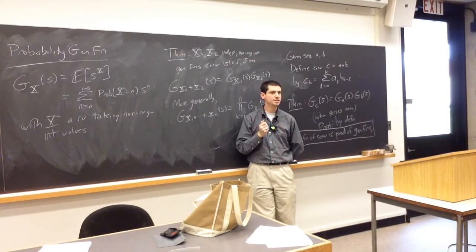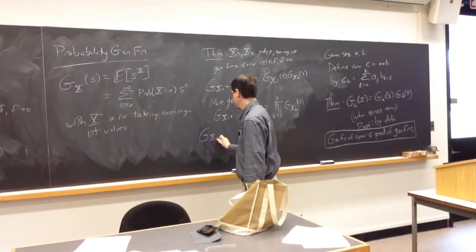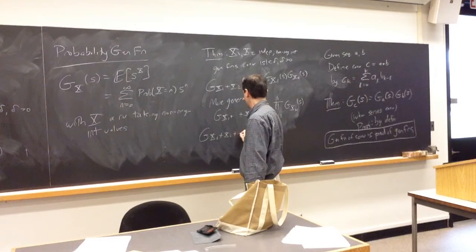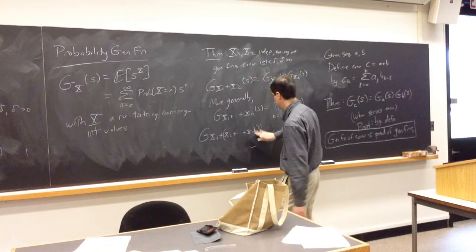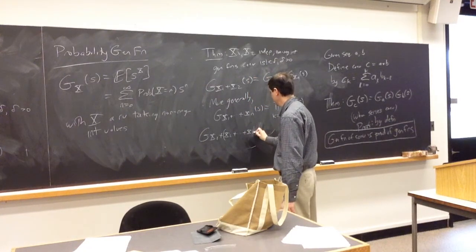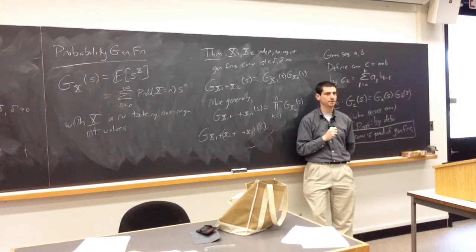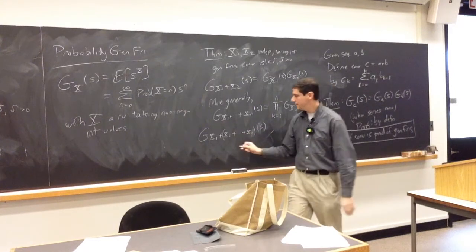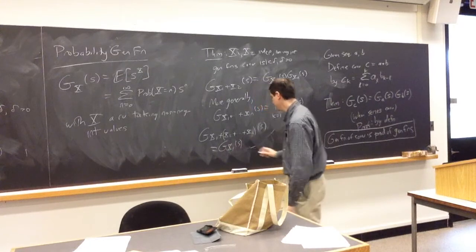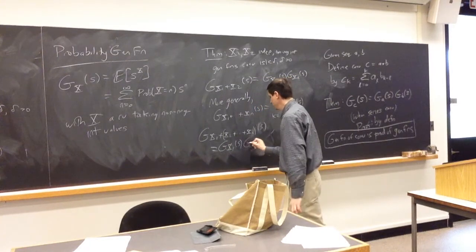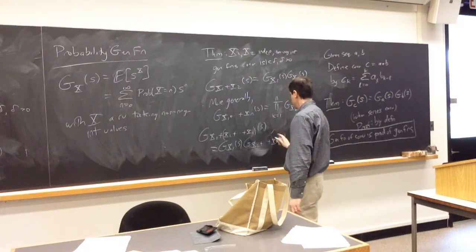The proof is by grouping. So if we look at g of x1 plus x2 plus up to xn of s, what we do is we group the last n minus 1 together. And if we group them together, then using the result, this is now just g x1 of s times g of x2 plus up to xn of s.